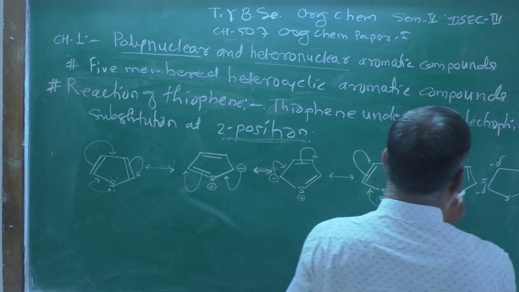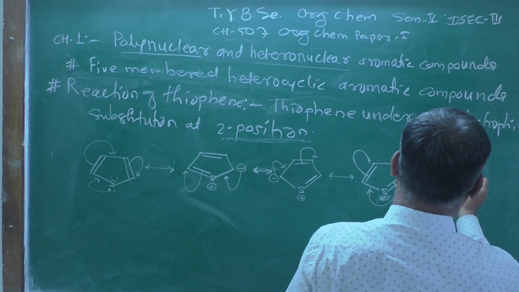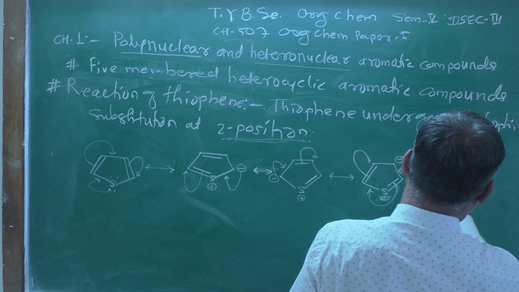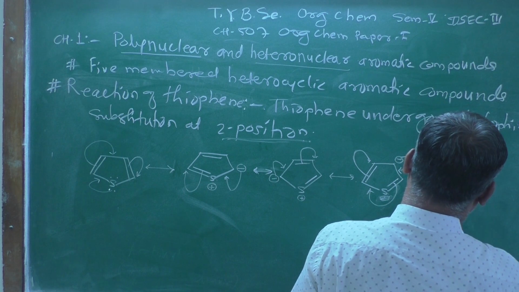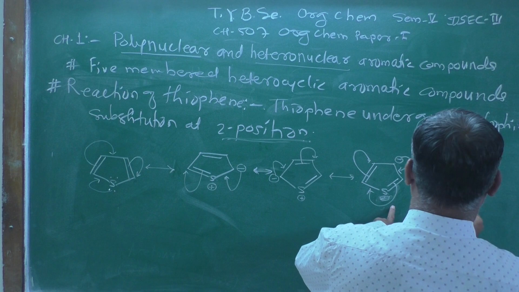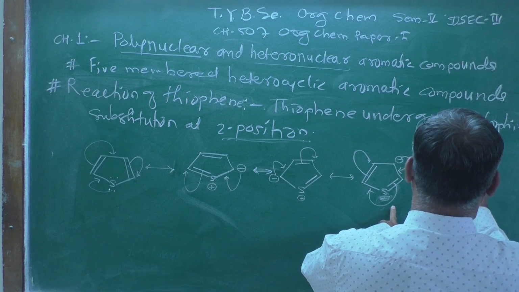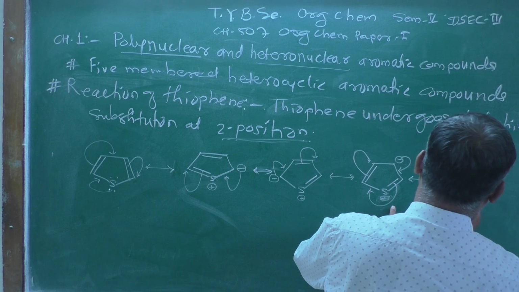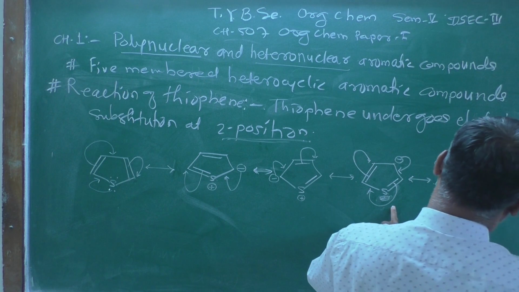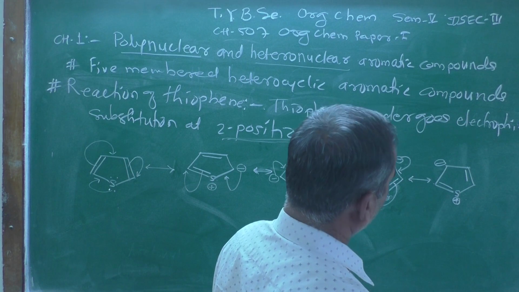So let me make that correction so you can remember this one, so that we get the next structure. The next structure would be this one. Now here a double bond forms, the negative charge over here forms a double bond, and the positive charge still remains on that.